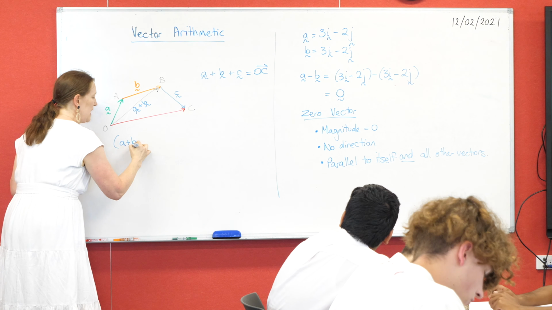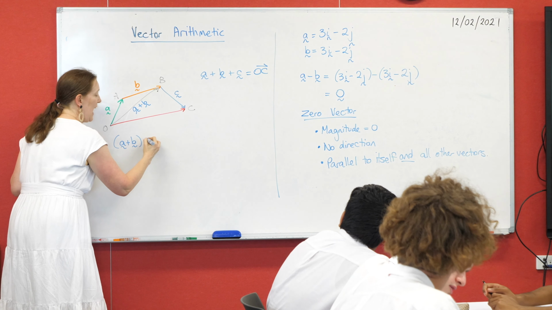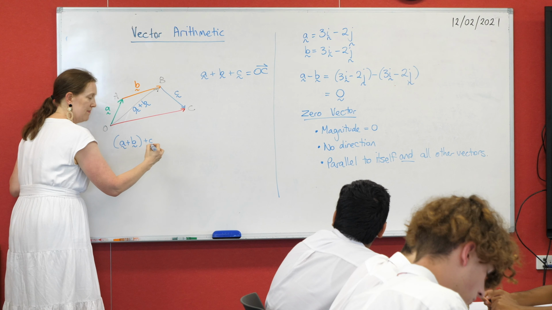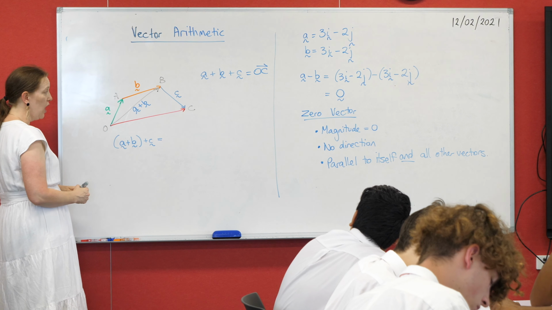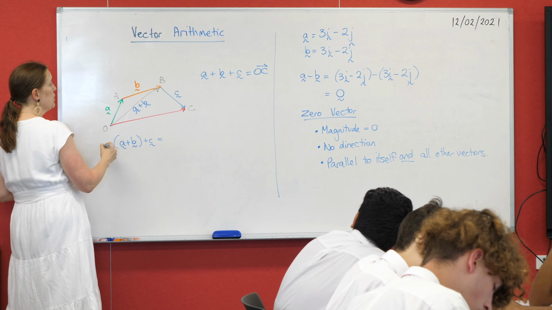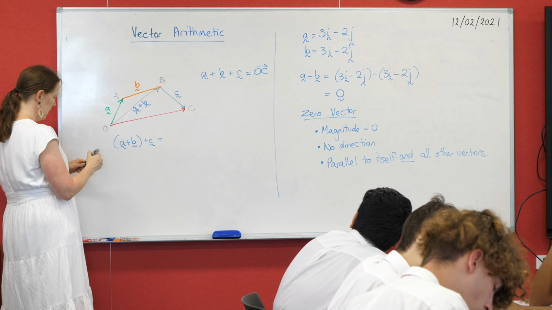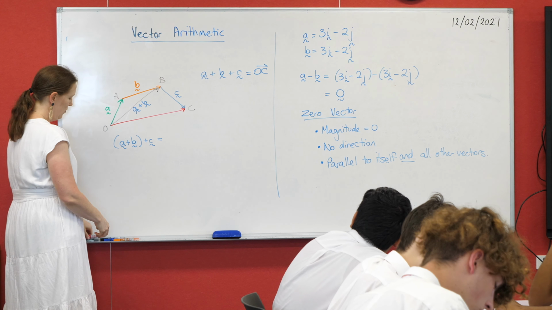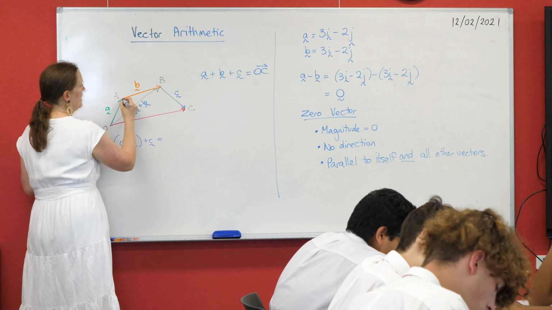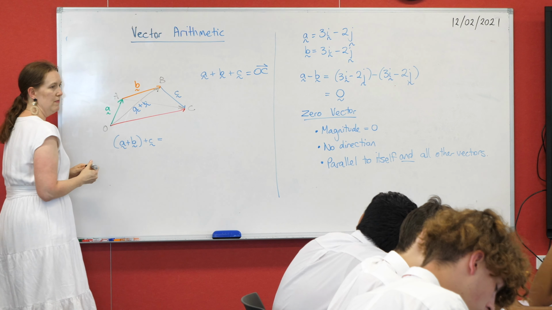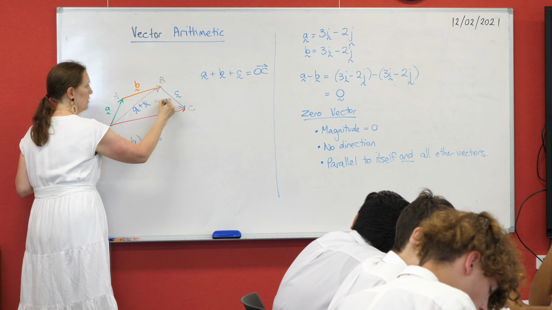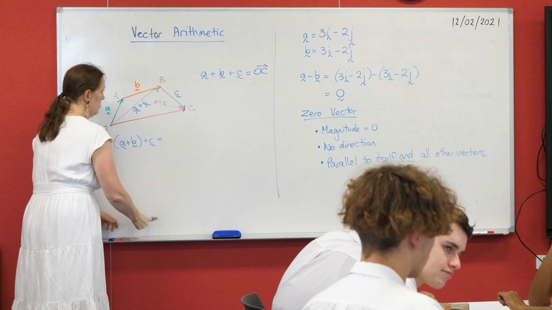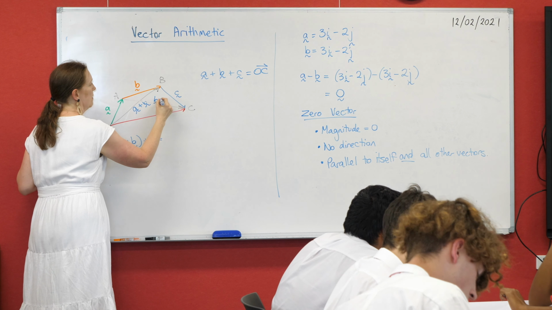A plus B, doing this first and then adding C. What happens if I decide instead to go straight from A, I'm running out of colours, straight from A then to C? What's this vector? B plus C.